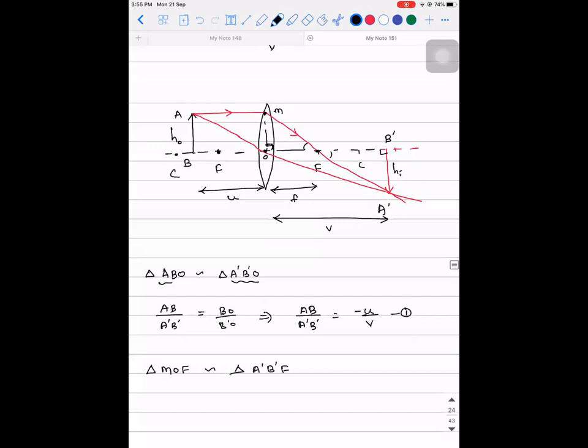But remember, what is the distance MO mathematically in terms of AB? It is the same. Yeah, that's right. So MO divided by A dash B dash is equal to OF divided by B dash F. So MO is nothing but AB.